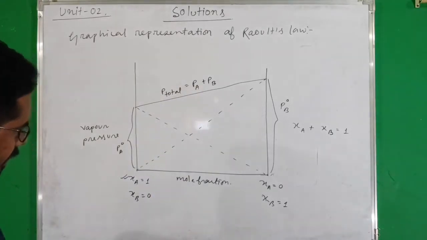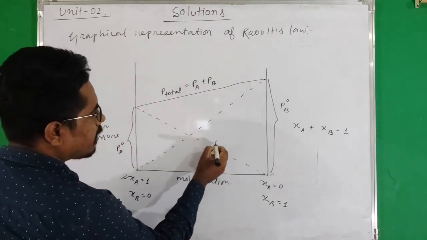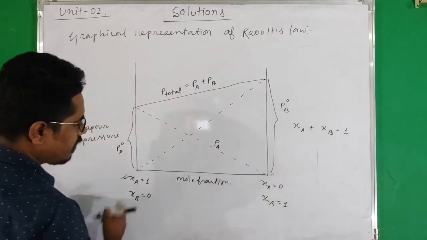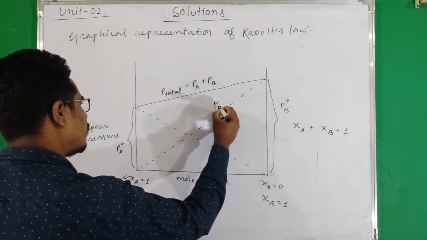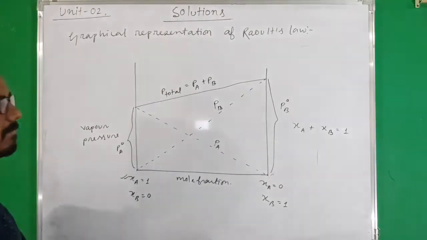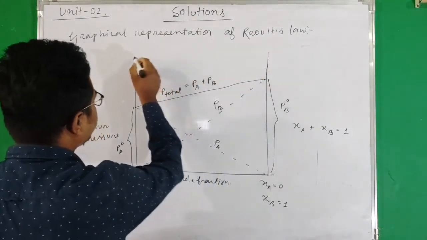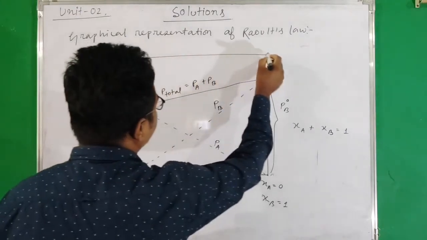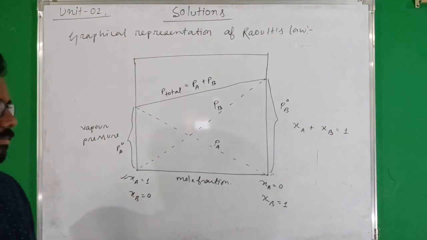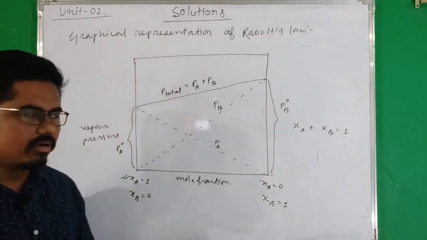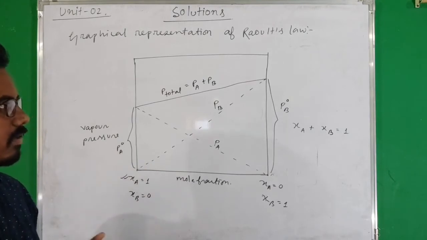Okay, and this straight line will give the partial vapor pressure of A, and this straight line will give the partial vapor pressure of component B. Overall this graph represents Raoult's law for the two components A and B, and in this graph we have plotted vapor pressure against mole fraction.